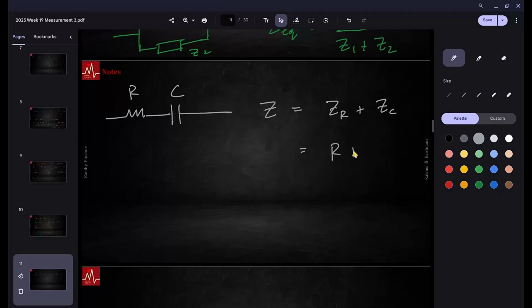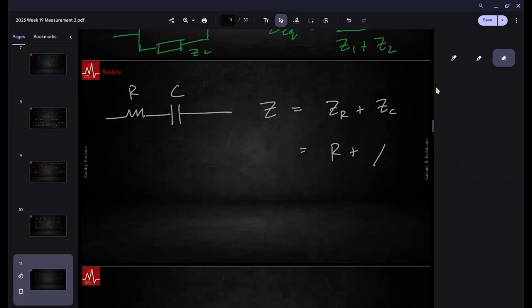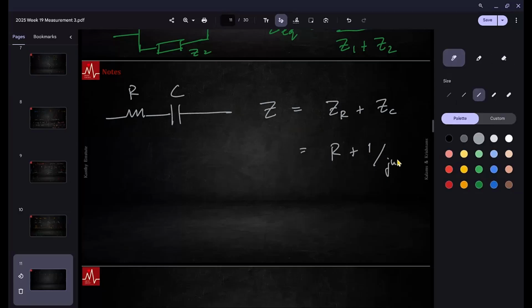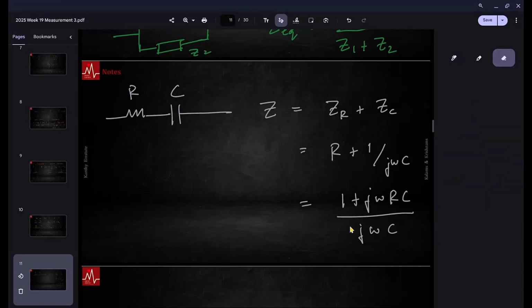Happens to be R plus 1 by j omega C. You could simplify this further if you want. You can write it that way, but this is fine. Technically we'll just stop there.